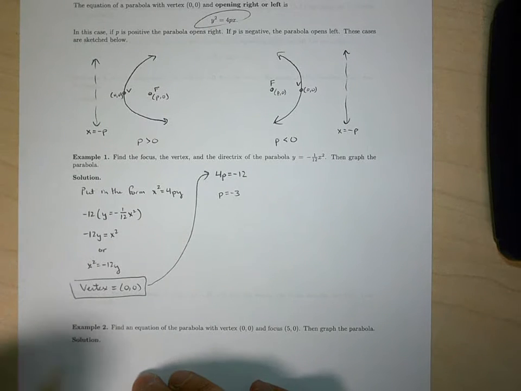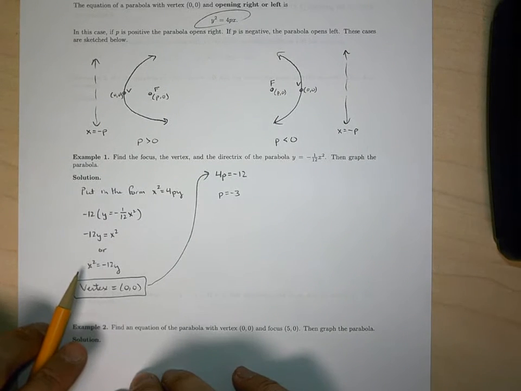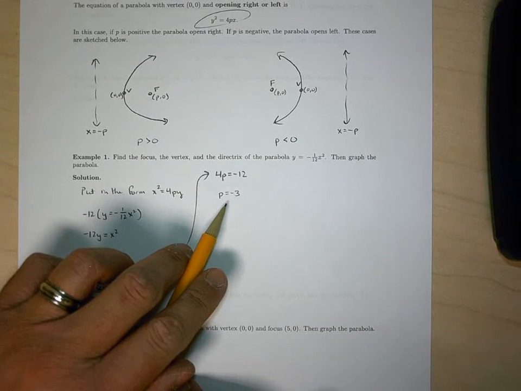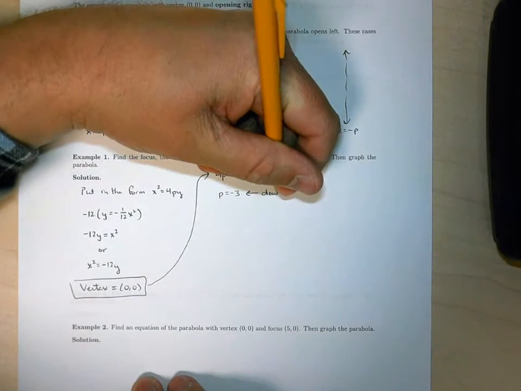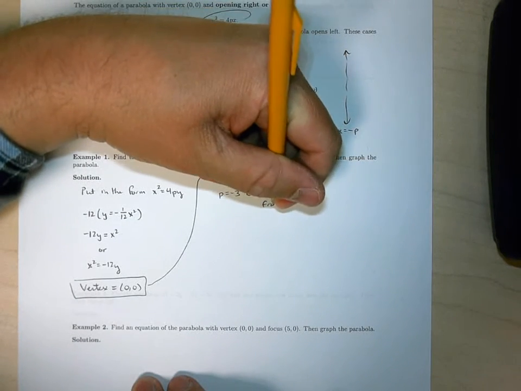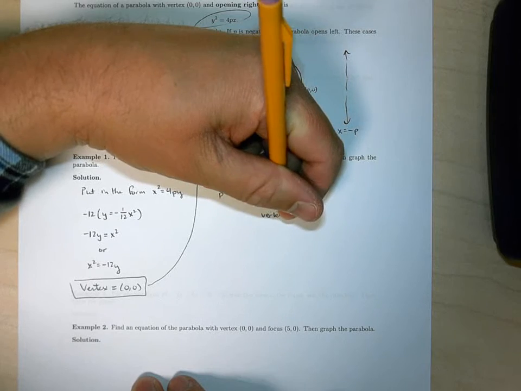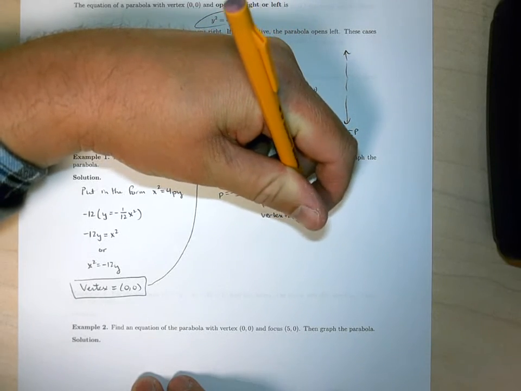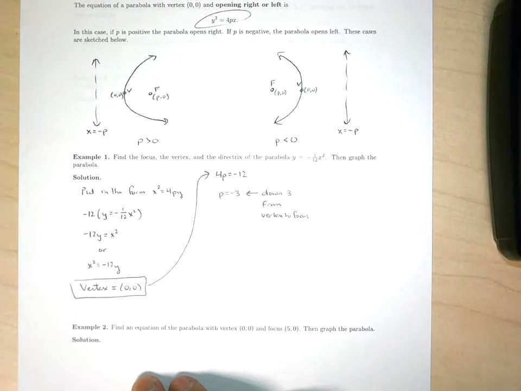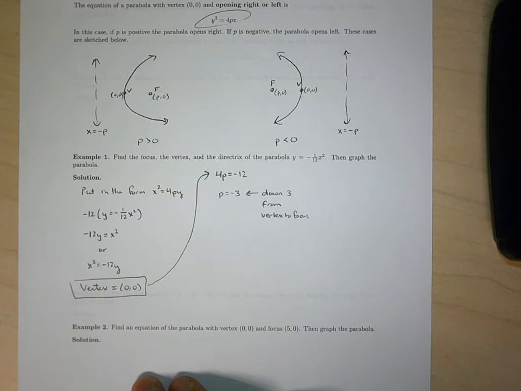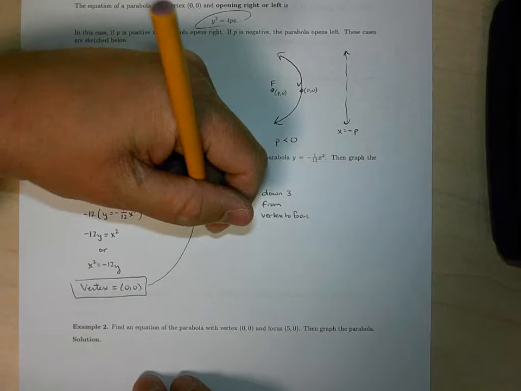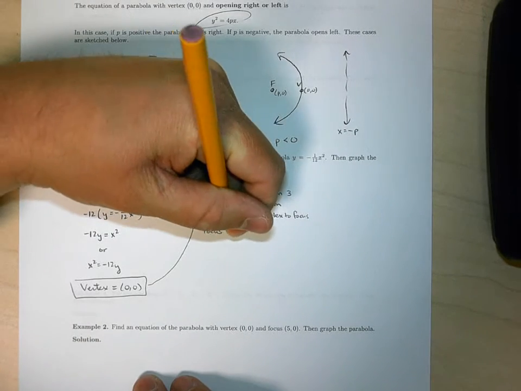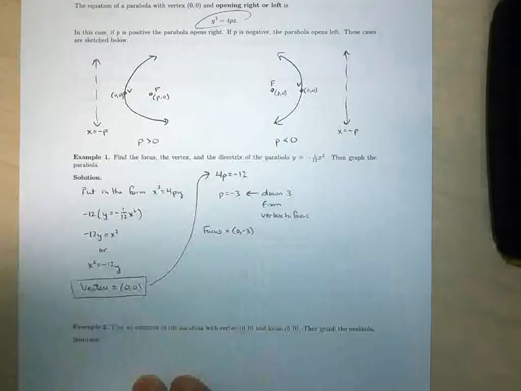Because we see x squared, this parabola opens up or down. Since p is negative, it opens down. The negative 3 tells us we go down 3 from vertex to focus. If I start at 0, 0 and go down by 3, I must have a focus of 0, negative 3.